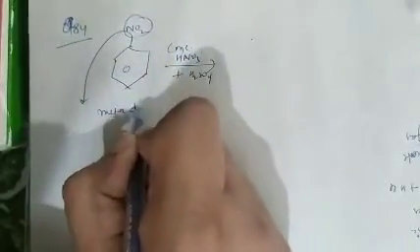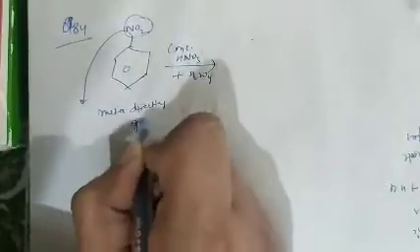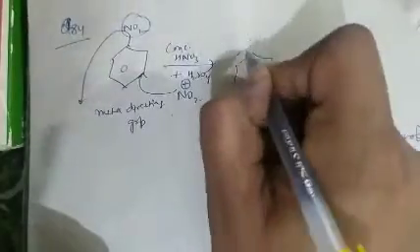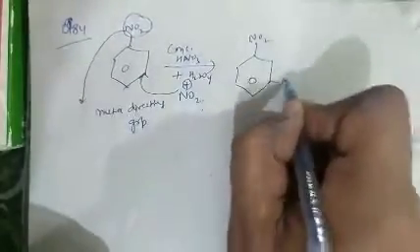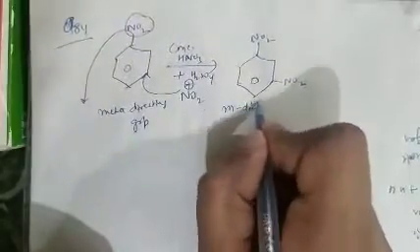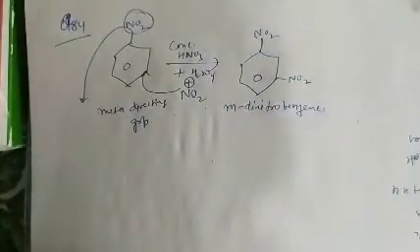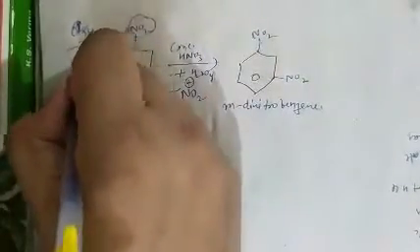As NO2 is a meta-directing group, the electrophile NO2 plus will attack at the meta position. So the product formed will be this one, NO2 with another NO2 at the meta position. So this is meta-dinitrobenzene. So question number 84, option B is correct.